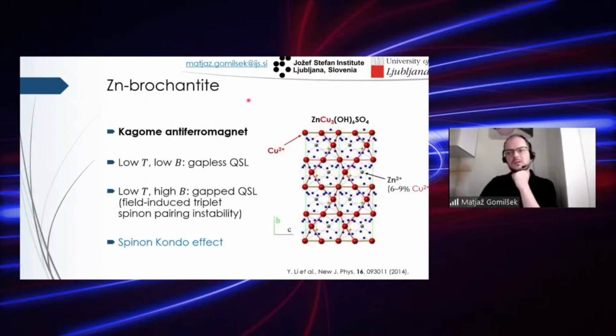So one example is zinc barlowite, which is a relatively new Kagome antiferromagnet. It has a Kagome lattice of spins, so highly frustrated, and a certain fraction of the non-magnetic zinc sites are occupied by copper 2+. This is a planar structure, but some of these central sites are actually occupied by a magnetic atom. So this acts as an impurity on top of the Kagome lattice.